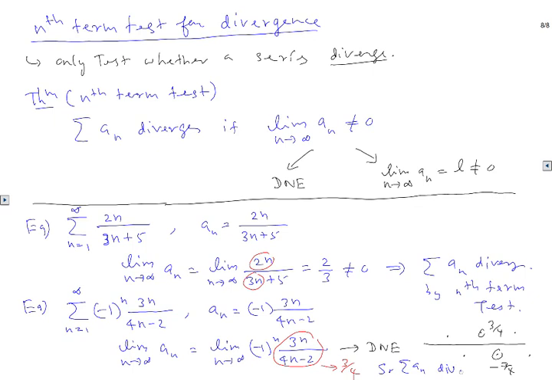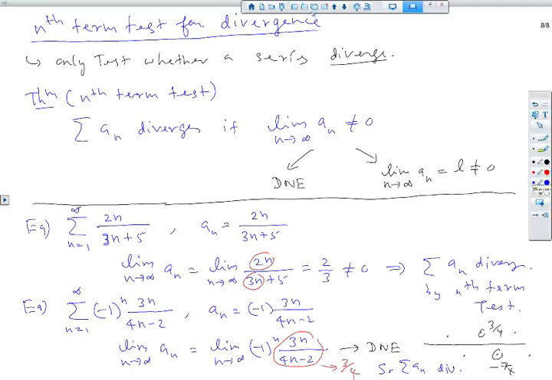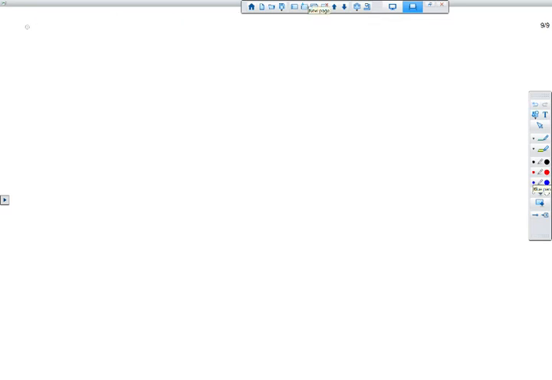Let's look at maybe one more example. How about this one? The sum from n equals 1 to infinity of n to the pi halves minus 3 sine n squared plus the square root of n, over 5 n to the pi halves plus 3 n squared plus 7, something like that.